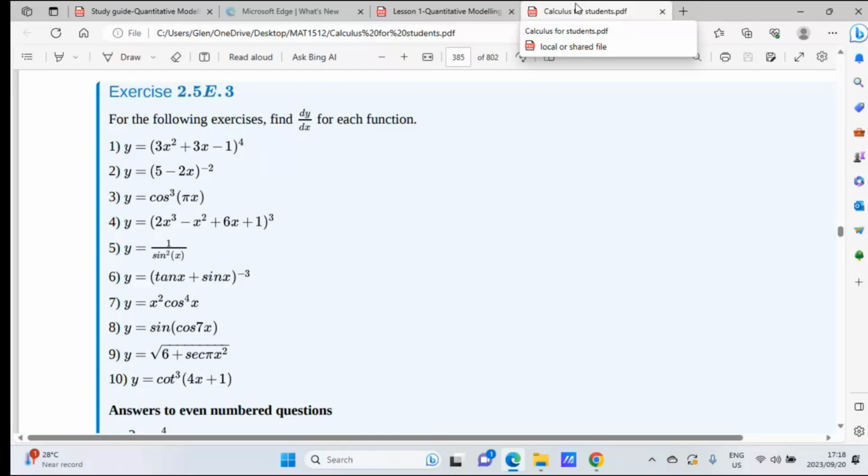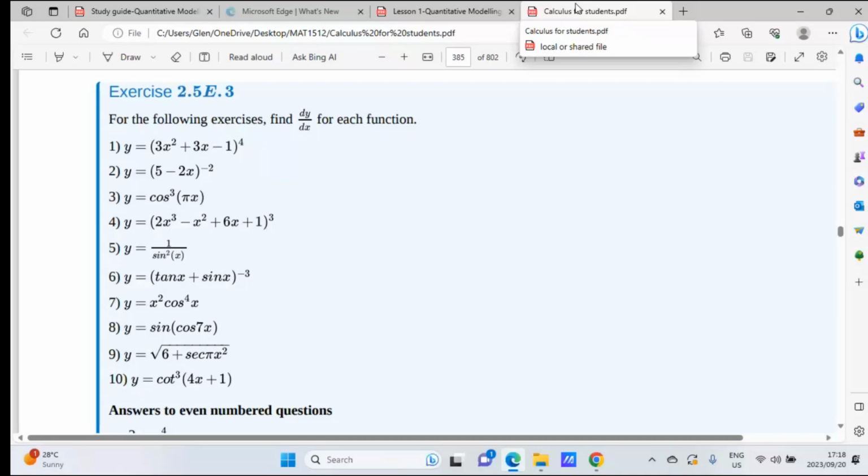Is it times? It's the same expression, multiplying by tan squared pi x. Okay. Yes. Then the denominator is only the square root of 6 plus sec squared pi x.